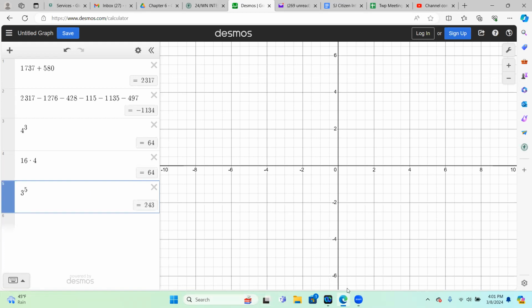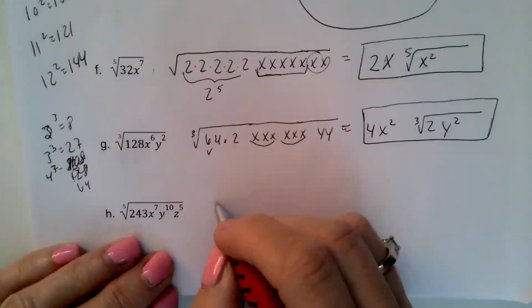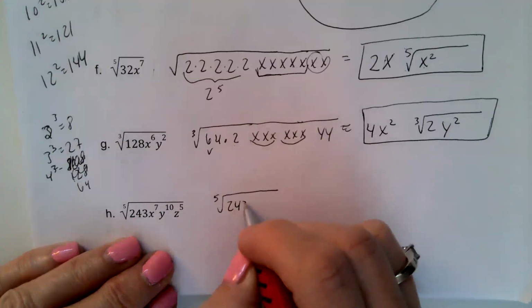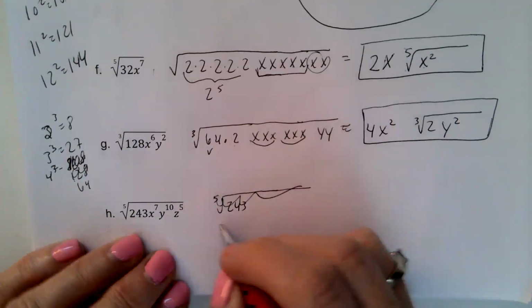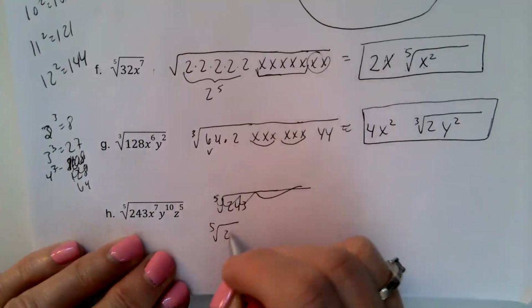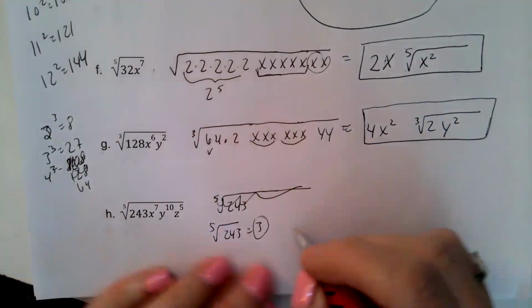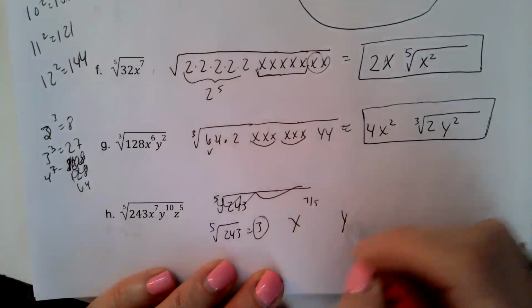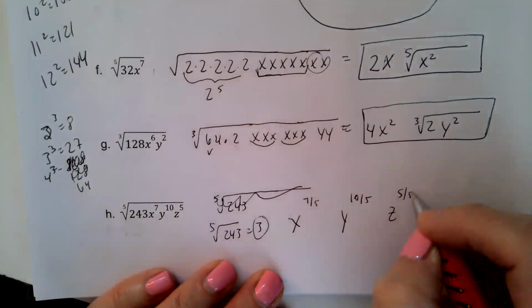Okay. So that's cool. I know that the 5th root of 243 is 3. So that one's done. And then the others I can write as x to the 7 fifths, y to the 10 fifths, and z to the 5 fifths.